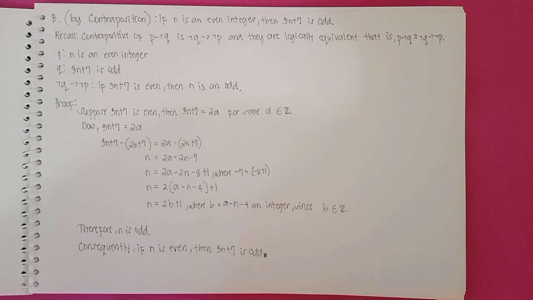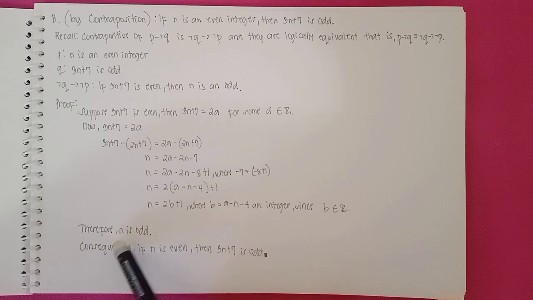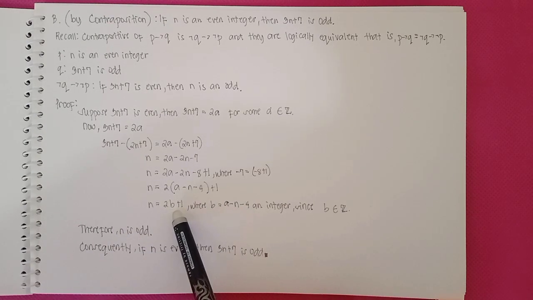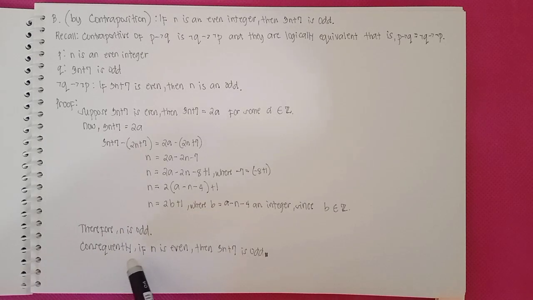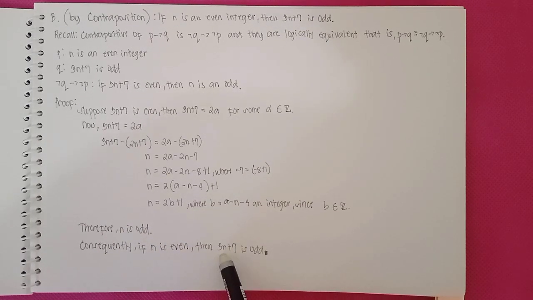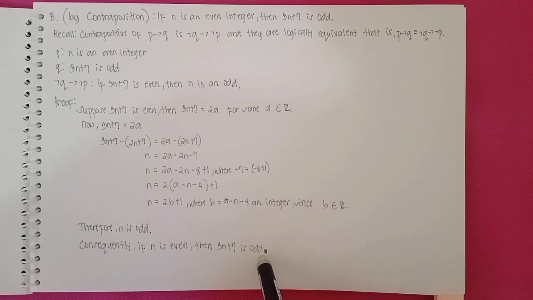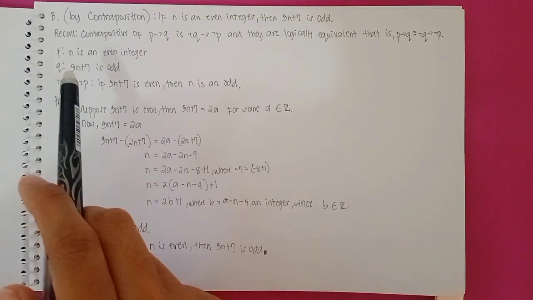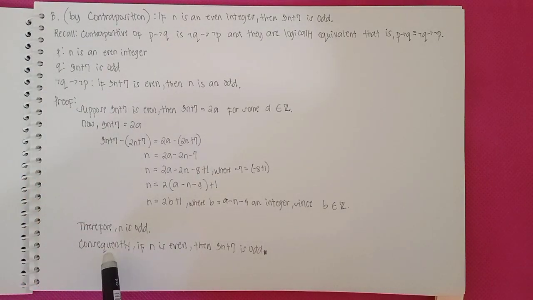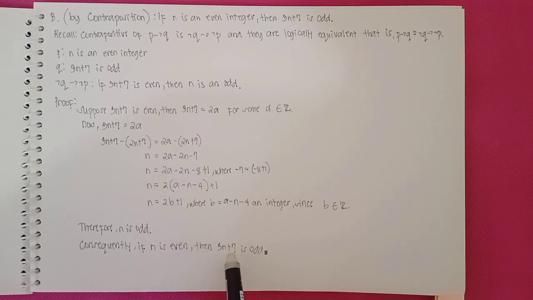Therefore, we prove that n, which is equal to 2b plus 1, is odd. Consequently, if 3n plus 7 is even, then n is odd, and we prove that negation of q implies negation of p is true. Then we come to the conclusion that if n is even, then 3n plus 7 is odd.